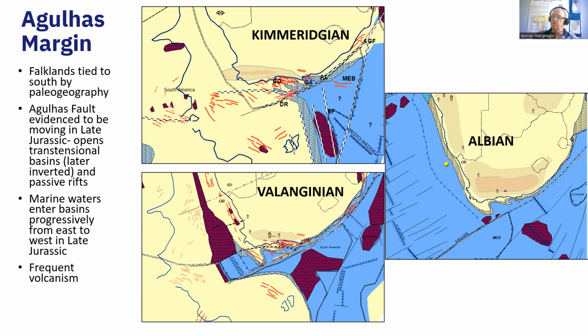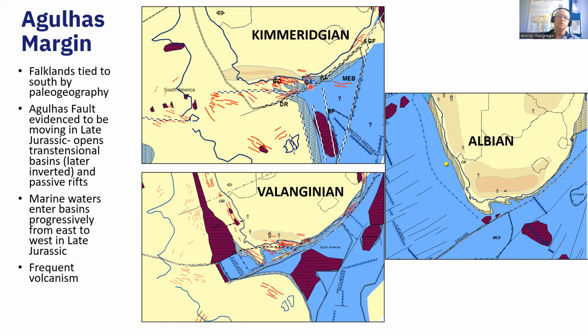Essentially, we have evidence for large inverted Jurassic basins parallel to the fault, and also extension oblique to it, right here in South Africa and also up here into Mozambique. These rifts have to have an origin of some sort, and I'm proposing that they're passive rifts opened by the first movement of the transform.